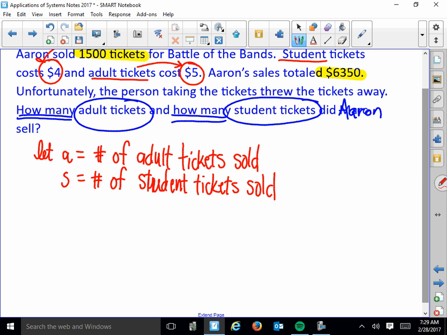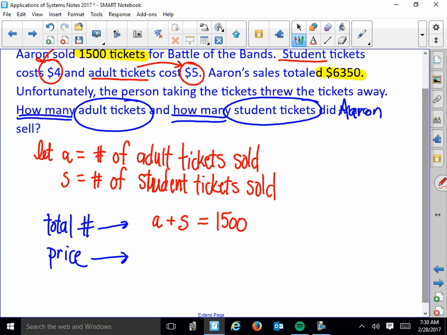Okay, so I have two equations that I need to write because I know that a system is at least two equations. So I know the total number sold, but I also know the price. As I'm thinking about my two equations, I do know that the total number of tickets sold was 1,500. So the number of adult tickets plus the number of student tickets must equal the total number of tickets that was sold, which is 1,500.